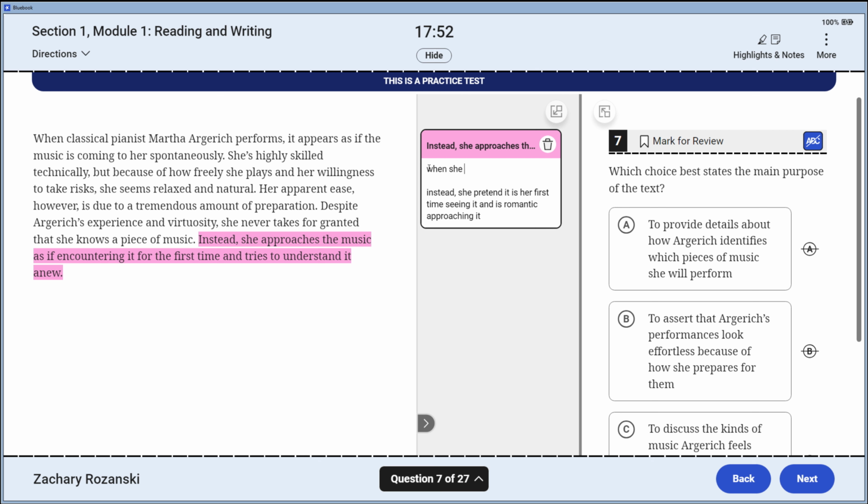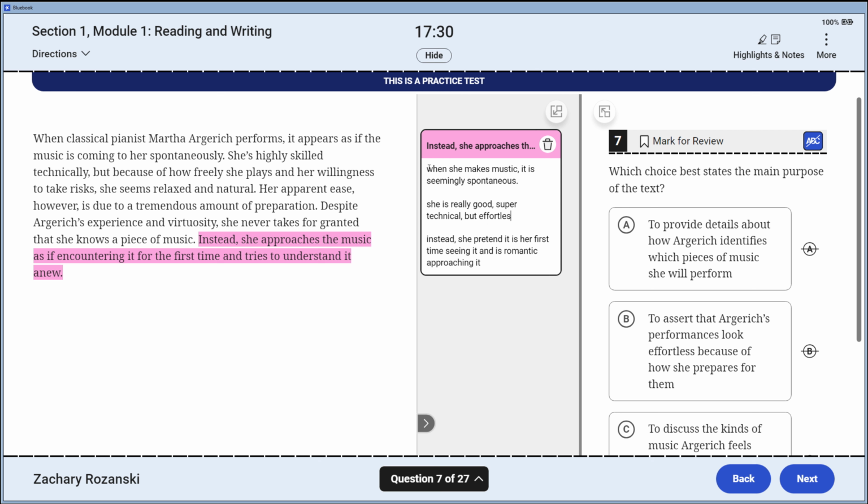When she makes music, it is seemingly spontaneous. She is really good, but because of how freely she plays and her willingness to take risks, she's really good, super technical, but effortless. So easy.